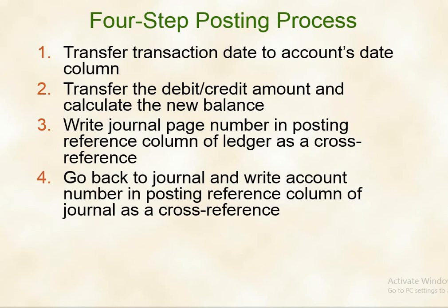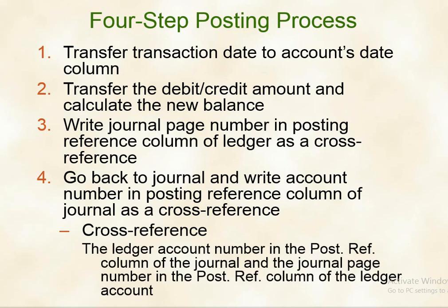Go back to the journal and write the account number in the posting reference column of the journal as a cross reference. This is normal practice, and this cross referencing is necessary as a ledger folio. Cross reference the ledger account number in the post reference column of the journal and the journal page number in the post reference column of the ledger account.